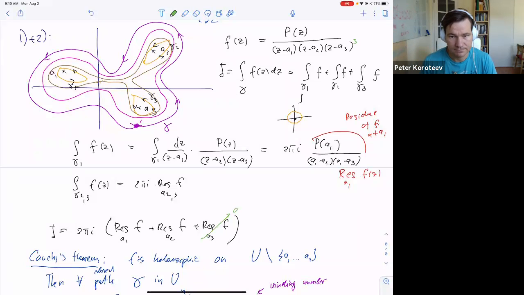So it looks like magic, right? Essentially the whole calculation boils down to calculating those residues. It still can be hard when the function is rather complicated, but it's an order of magnitude easier than what multivariable calculus requires you to do.